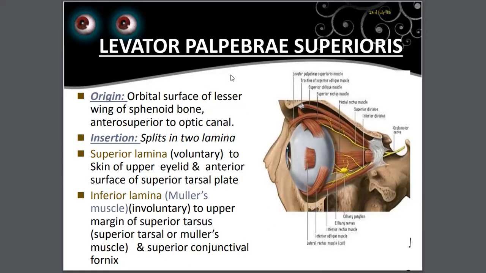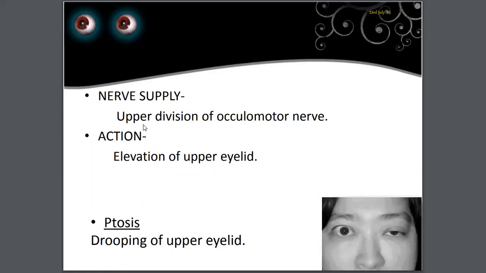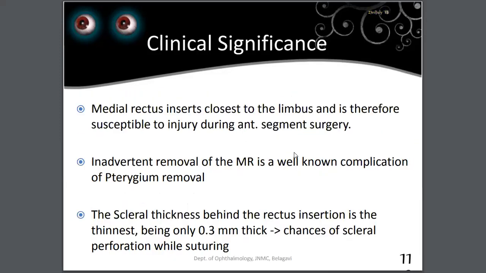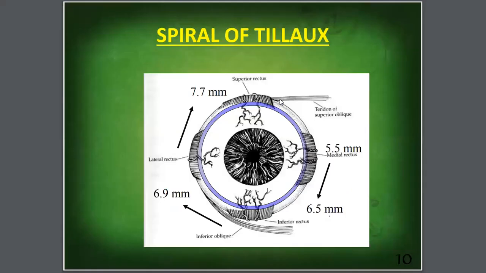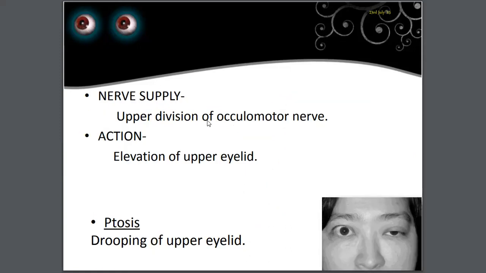Nerve supply of levator palpebrae superioris is the upper division of the oculomotor nerve. In the common tendinous ring of Zinn we saw 2 divisions, upper and lower, and this muscle receives its nerve supply from the upper division.